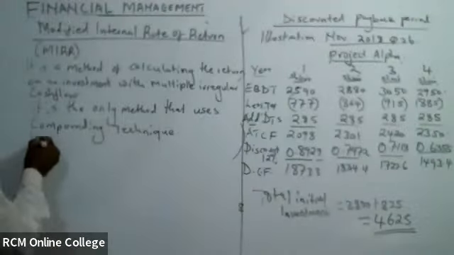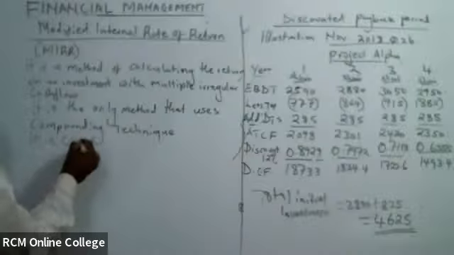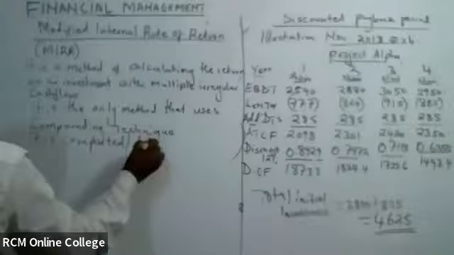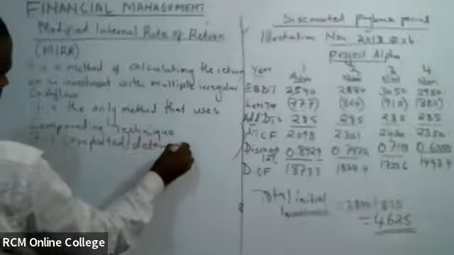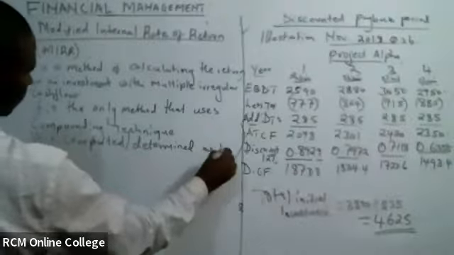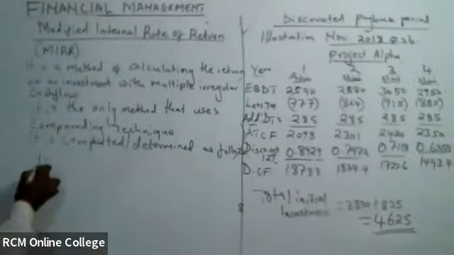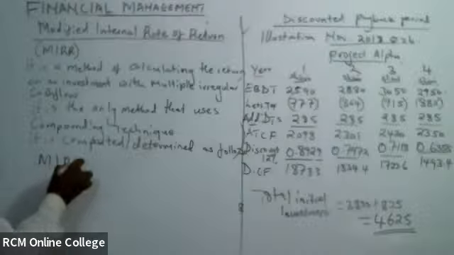It is determined as follows. How do we get MIRR?